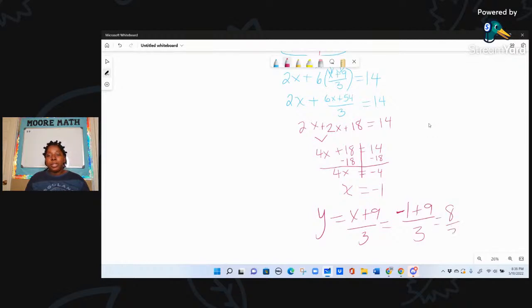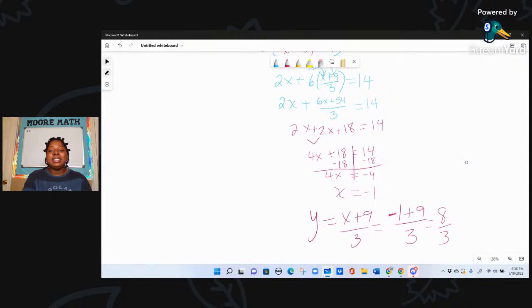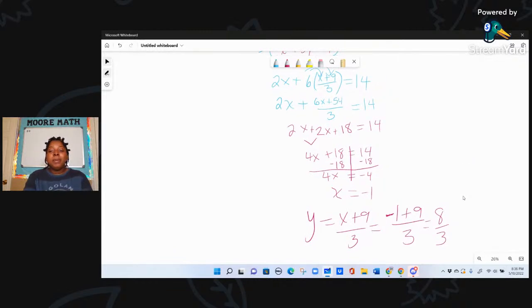Again, I didn't choose pretty numbers, so that's why it's coming out ugly. But basically, that's what you would do. This might be why most people prefer the elimination method, because you get really ugly answers when you're trying to do the substitution method.